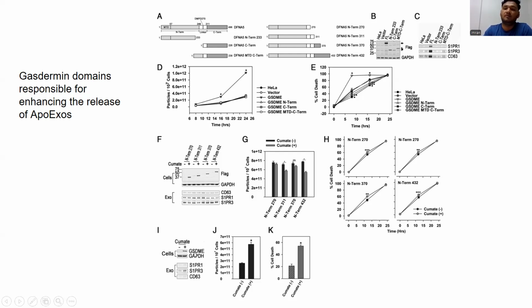And when it was compared with the full-length Gasdermin E, it had enhanced greatly the amount of the exosome release and the cell death, showing that the full-length Gasdermin E is required for apoptotic exosome release when compared to the fragments of the Gasdermin E.